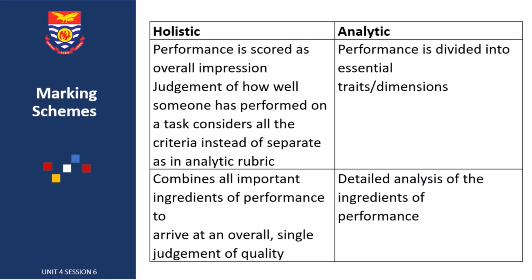But for holistic, an overall judgment is made. Holistic also combines all important ingredients of performance to arrive at an overall single judgment of quality. But for the analytic, a detailed analysis of the ingredients of the performance is done, so each ingredient is awarded separately.